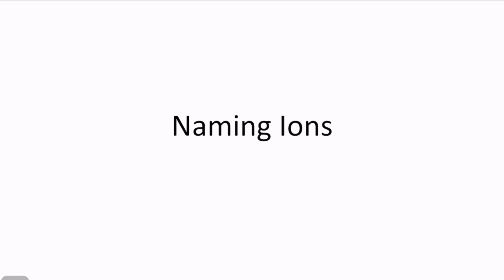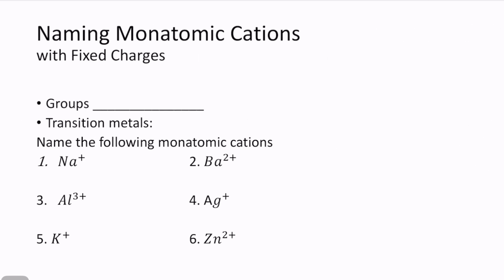All right, let's look at naming ions first. When you're naming monatomic cations with fixed charges, you name them by using the metal name plus the word ion.